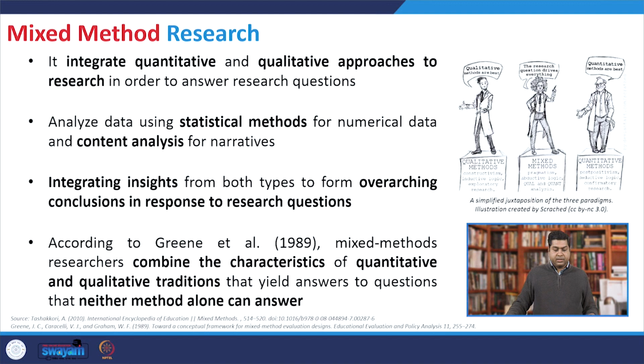Now, if we try to understand what mixed method research is, basically it is a research method which integrates the quantitative and qualitative approaches to the research in order to answer the research questions. So any method selection will primarily depend on the type of research questions that you have.